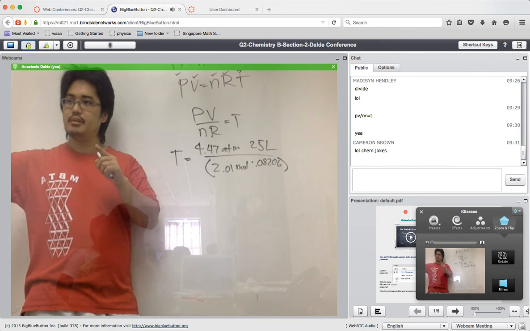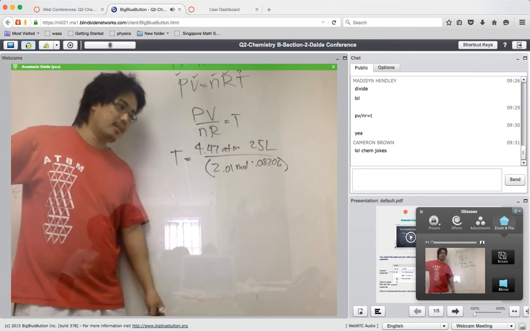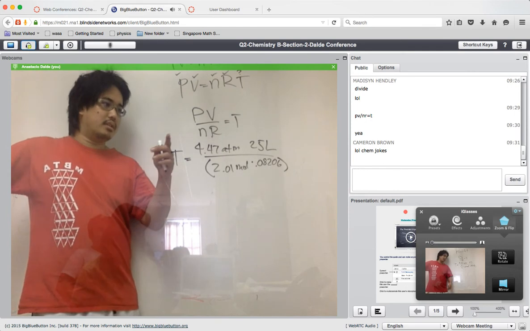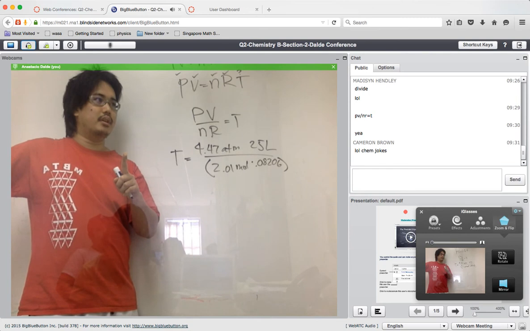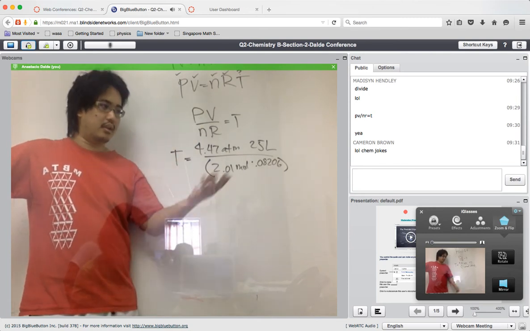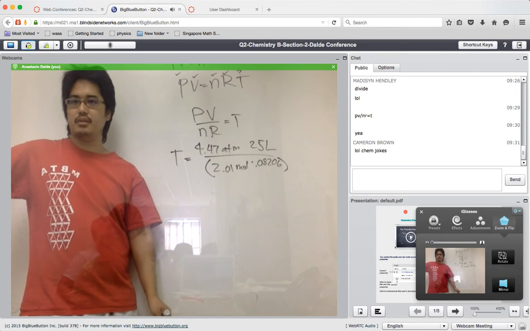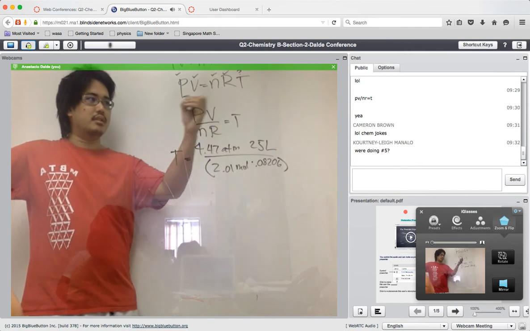I probably should give that to you as an extra problem to do. If you were to solve for the volume of gas at 1 atmosphere and regular temperature, it would be about 22.2 liters, right? Does that make sense to you? You just think about plugging different numbers into this equation.